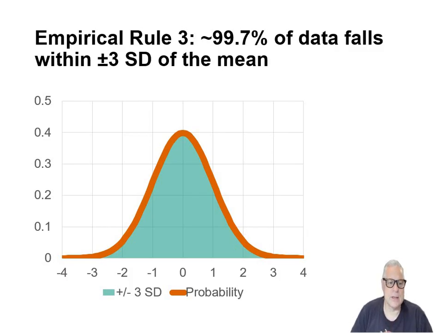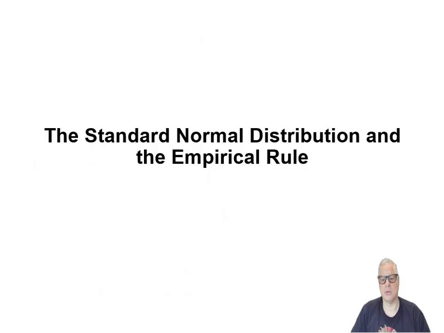So this so-called empirical rule is a little bit related to another famous rule, which is known as Chebyshev's rule.